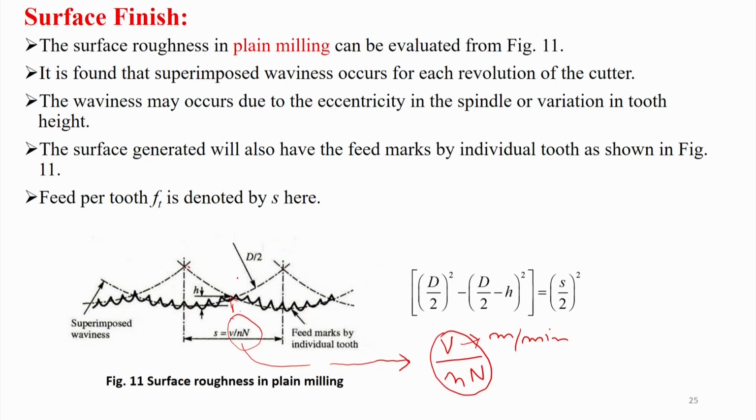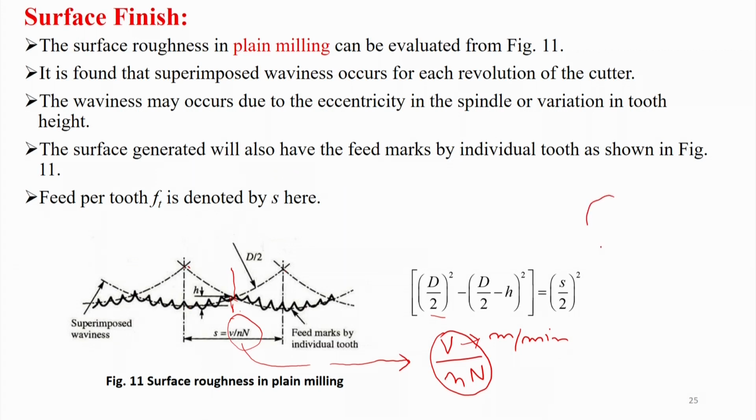This can be obtained like that: (d by 2) square minus (d by 2 minus h) square. Suppose S by 2, because this distance is actually S by 2.